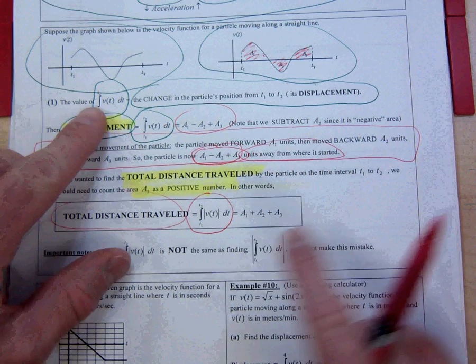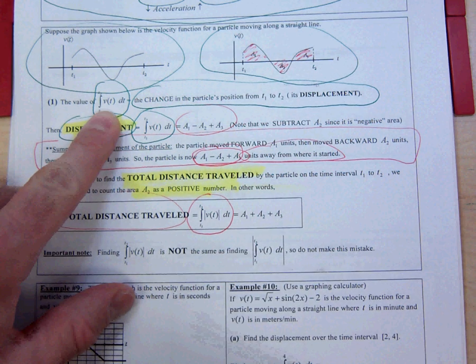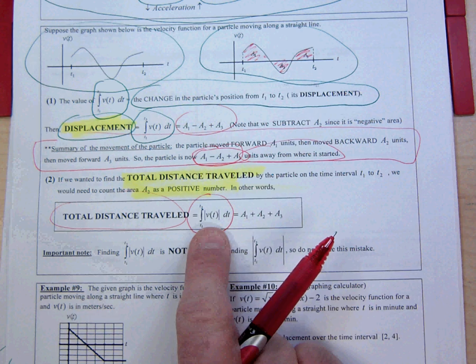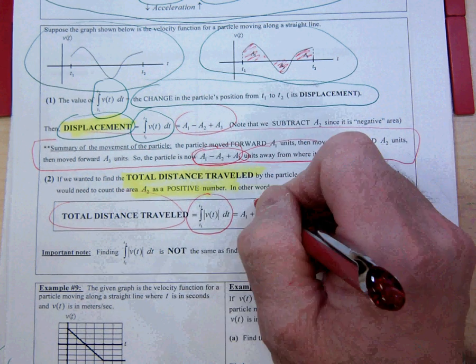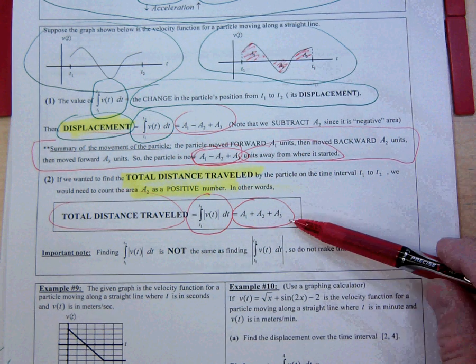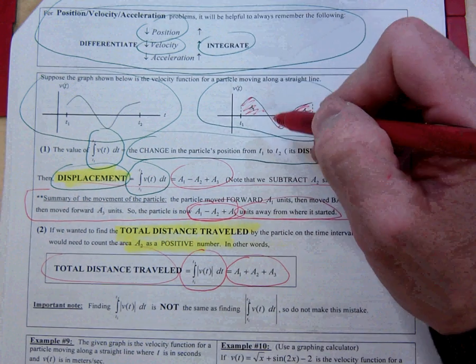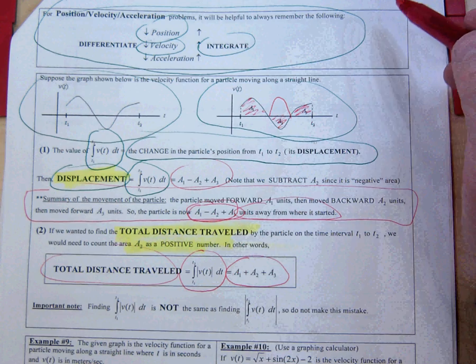So the only difference is that for displacement, you don't have absolute value on the velocity, and for distance traveled, you do need an absolute value on the velocity. So it would end up being just A1 plus A2 plus A3. Is that clear? In other words, you have to take area 2 and flip it up so that you're counting it.